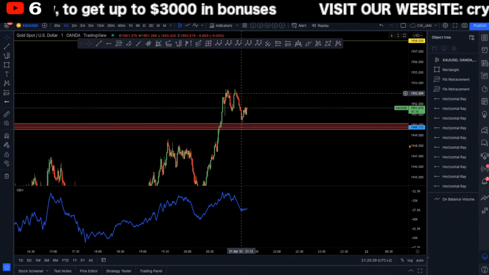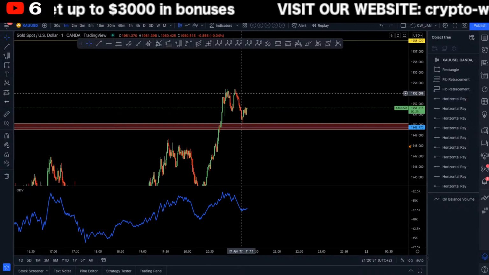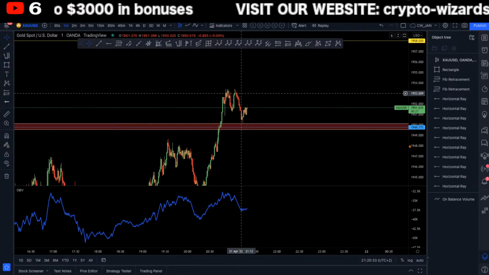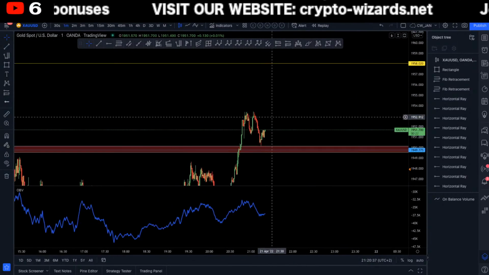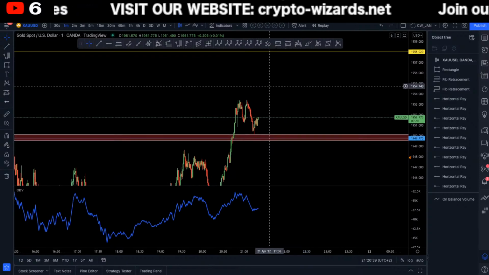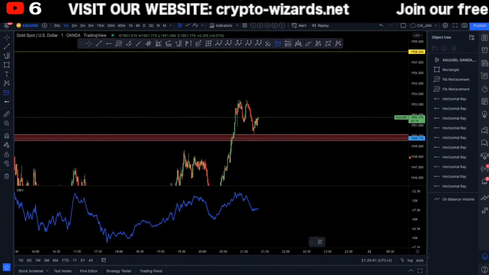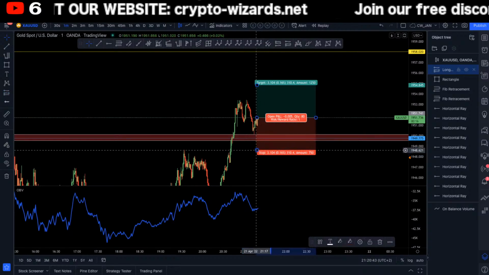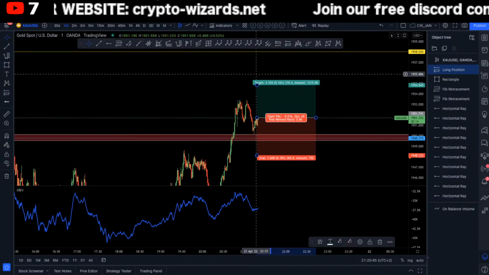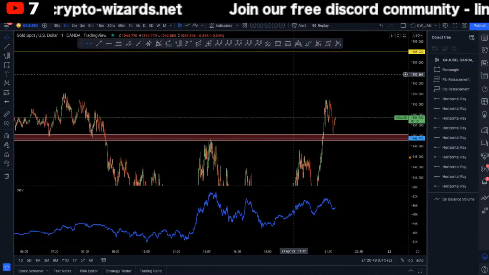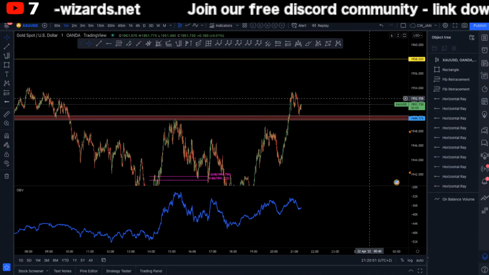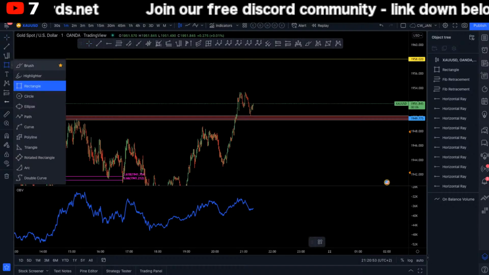Really small moves making me a lot of percentages on the account. I'm using tight stop losses all the time, and I'm looking for a higher risk and reward. So if I enter right now with the stop loss 1948, risk and reward 1.7, this is not so good. So I'm looking for something like this at the moment.